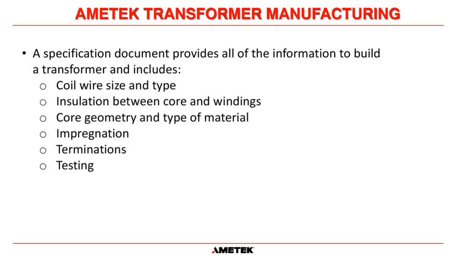Thinner, thicker, different types of steel for the application. Once a transformer is built, then it gets impregnated with a resin. The specification calls out the impregnation. It calls out how the terminations are done, whether they have lugs on them or not. And finally, the testing.